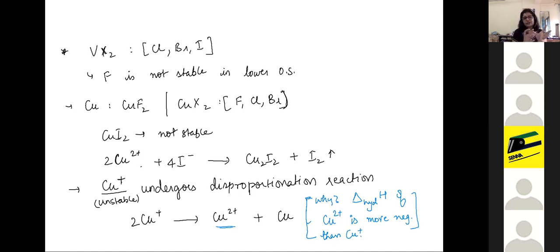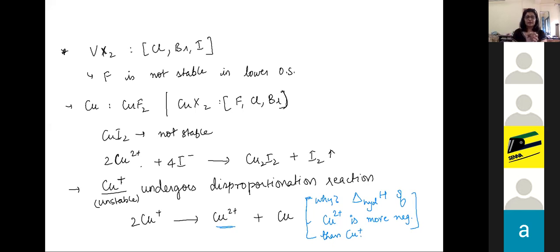So higher oxidation states are stabilized by highly electronegative elements, oxygen and fluorine, which is why a lot of compounds in higher oxidation state you are going to observe only with oxygen and fluorine, and halides to some extent. Within halides also, the highest oxidation states are stabilized by fluorine.